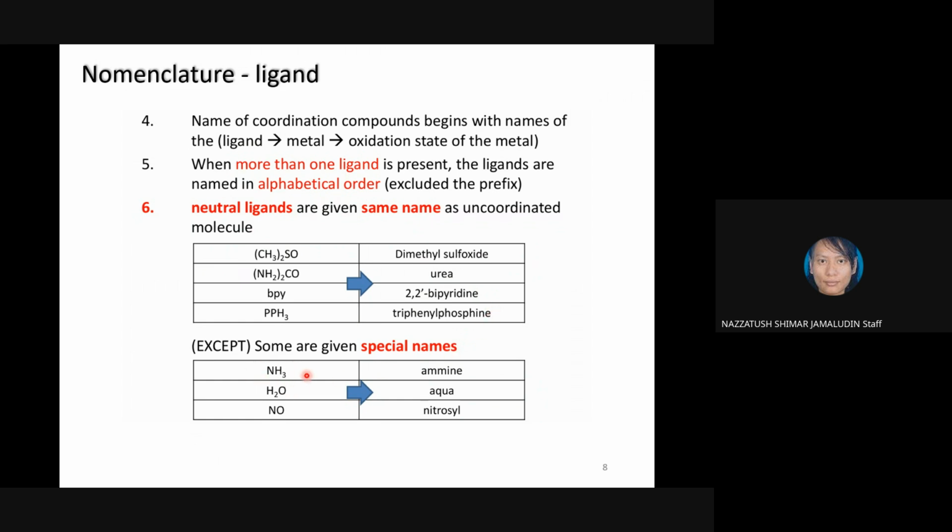But for ammonia, water, and nitrosyl, nitrogen monoxide: before coordination, the uncoordinated ammonia is called ammonia. When ammonia is coordinated to a metal, it is called amine. Water will be called aqua. Nitrogen monoxide will be called nitrosyl.